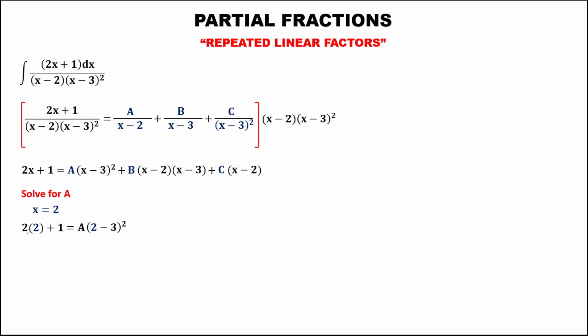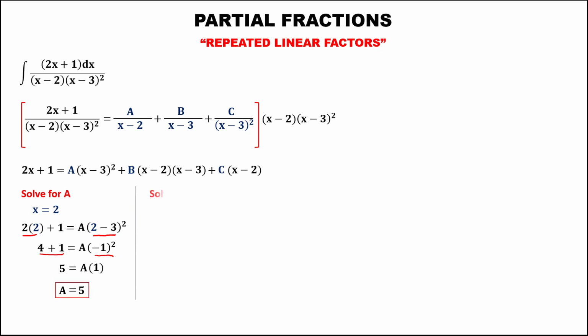To simplify, 2 times 2 is 4, plus 1, equals A, and 2 minus 3 is negative 1 to the power 2. So 4 plus 1 is 5, equals A, and negative 1 to the power 2 is equal to positive 1. Therefore, A is equal to positive 5.